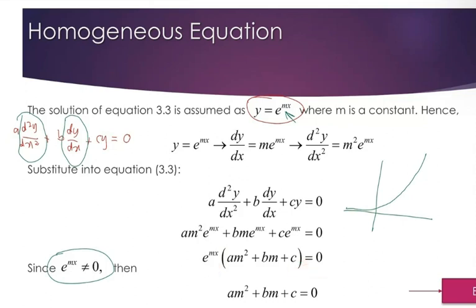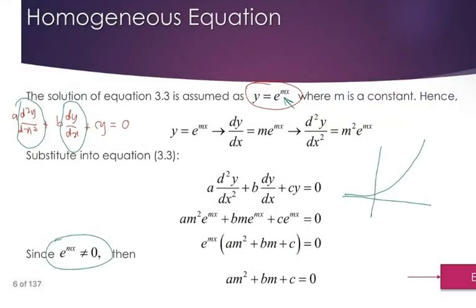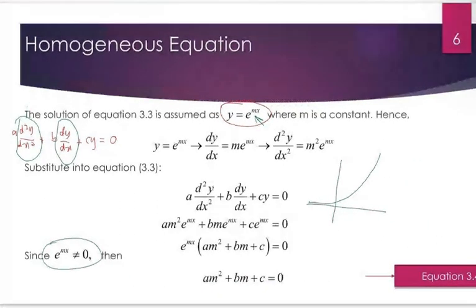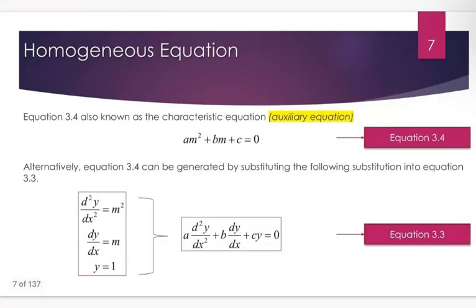So which one must be 0? Here. So am squared plus bm plus c must equal 0.